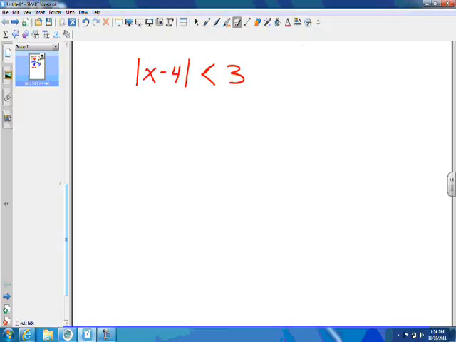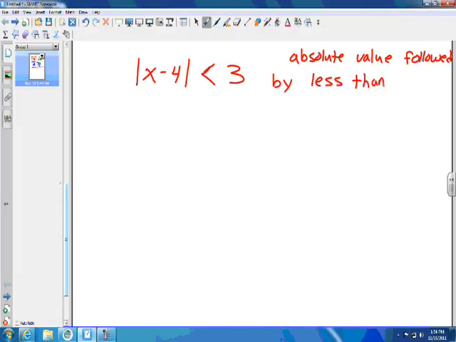So, if it's absolute value signs, and then they're followed by a less than, if it's absolute value followed by a less than, you write an and inequality.